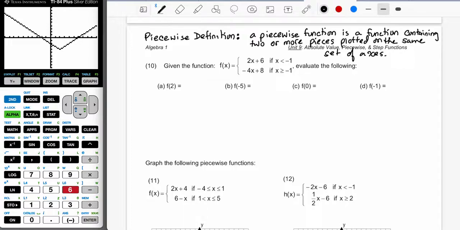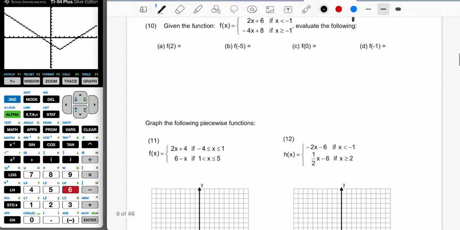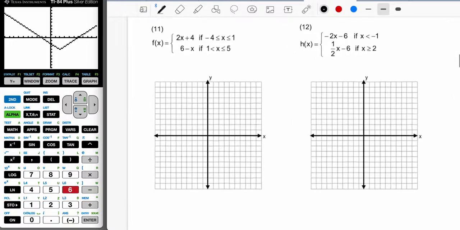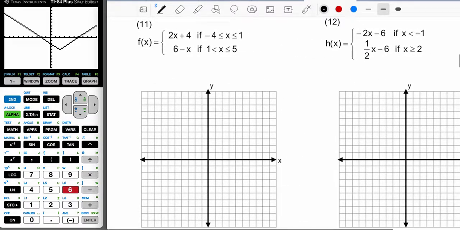But if you look at it as two separate equations that are being graphed, but only parts of those separate equations on the same set of axes, then you're in a good spot, because that's the way you should be thinking about it. So what this is really interpreted as is f of x is equal to 2x plus 4. But sometimes f of x is equal to 6 minus x.